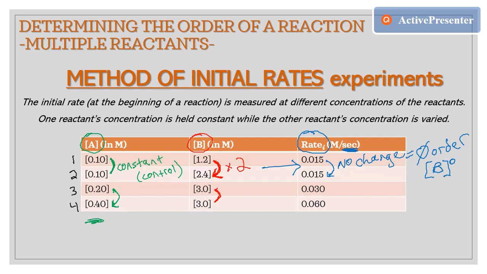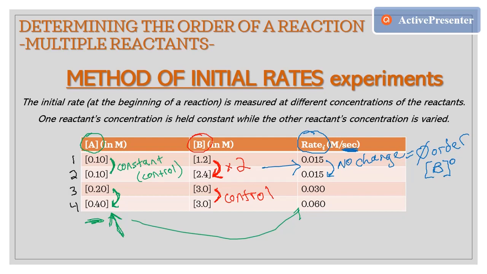So this can be the control, and we can just not worry about B and pay attention to what A is doing. As we said, we doubled the concentration of A between experiments 3 and 4. Now let's look at how it affected the initial rate.